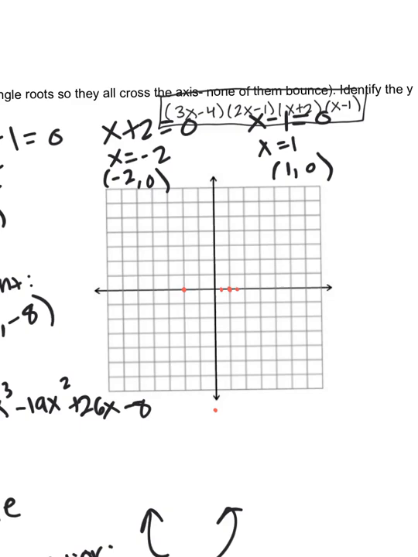So I know at the ends of my graph, I'm pointing up in the same direction. So from these last x-intercepts, I'm going to go up in the same direction. And then I'm just going to connect the dots, and I'm going to cross through every time I hit another point. So cross, cross, cross. So that is what my graph looks like.